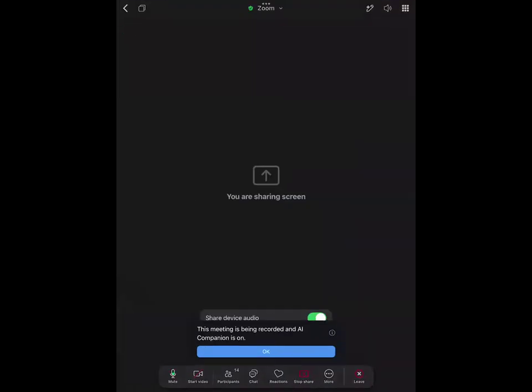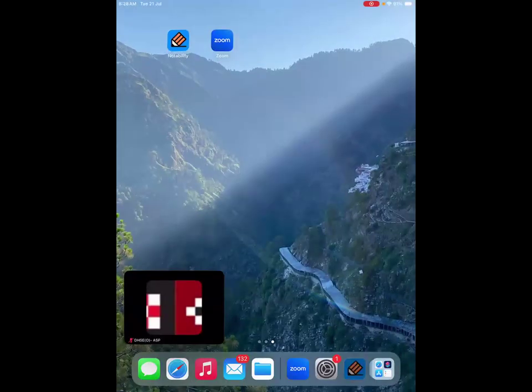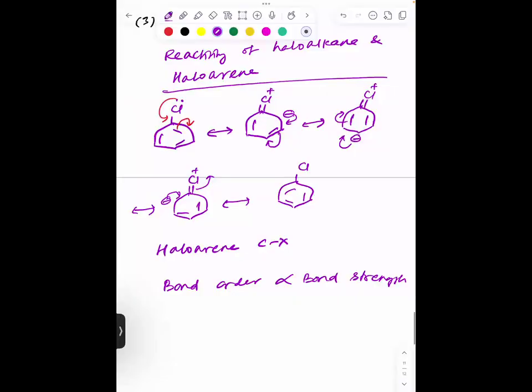Haloarene means aromatic halide. So RX means aliphatic halide and haloarene means aromatic halide. For example, benzene is an aromatic compound, and its halogen derivative we call haloarene.